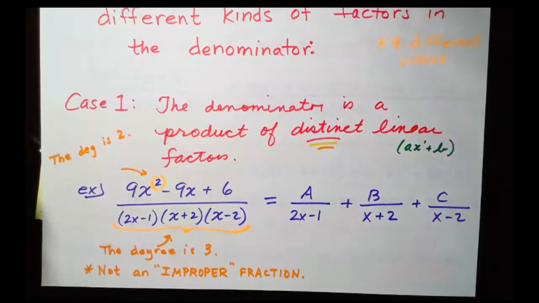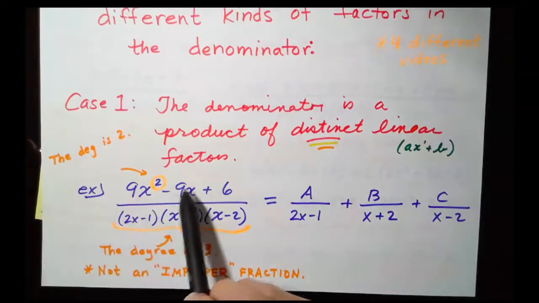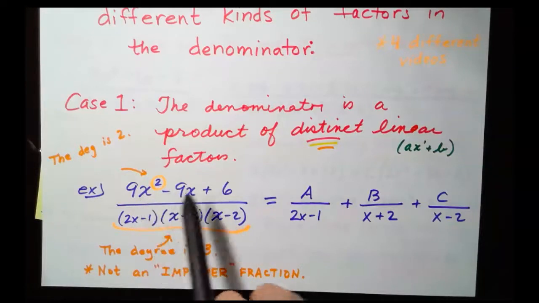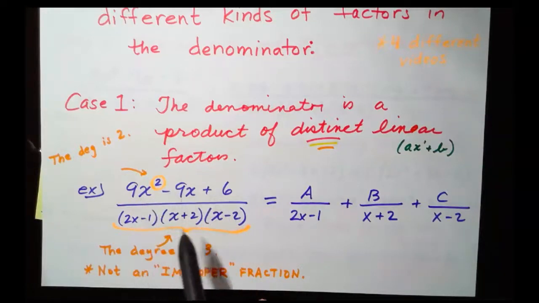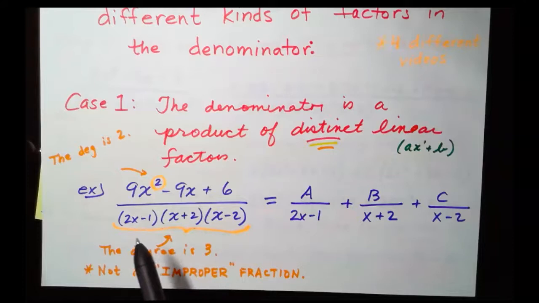This particular numerator has a degree of 2. It's a quadratic expression on the top. If we were to multiply all 3 of these factors together, we would get a degree of 3. So, no, this is not an improper fraction. It's ready to go. If we have an improper fraction, that's going to be a different case that we'll have to look at. That'll add another layer onto the problem.